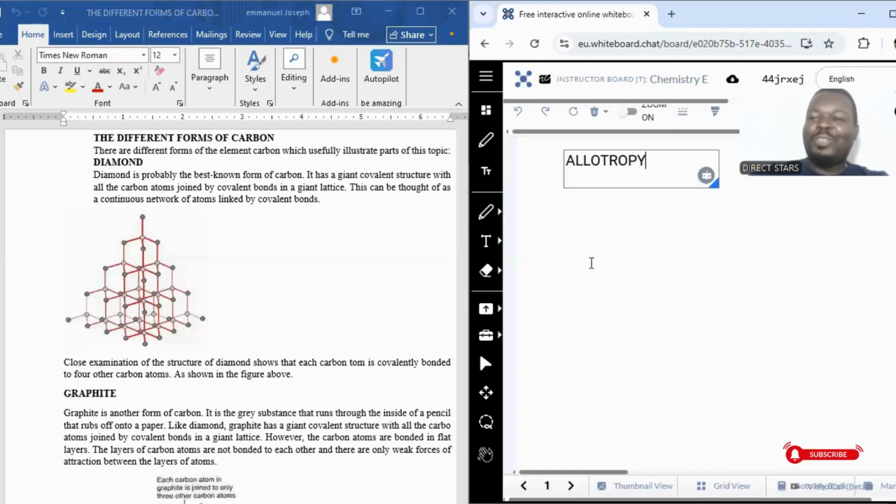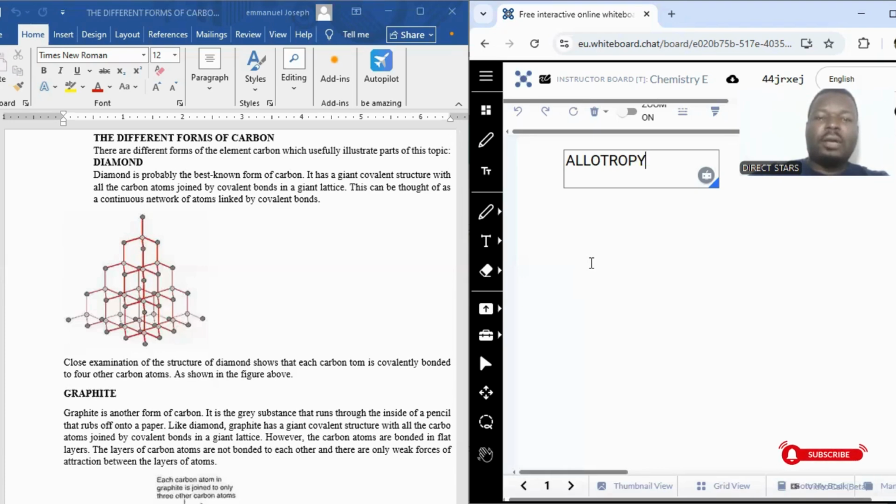Diamond is one of the crystalline forms of carbon. Okay, it is known for its hardness, which is due to the covalent bond in the giant lattice structure that it has.